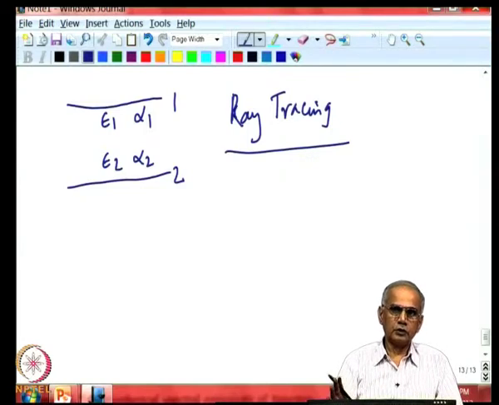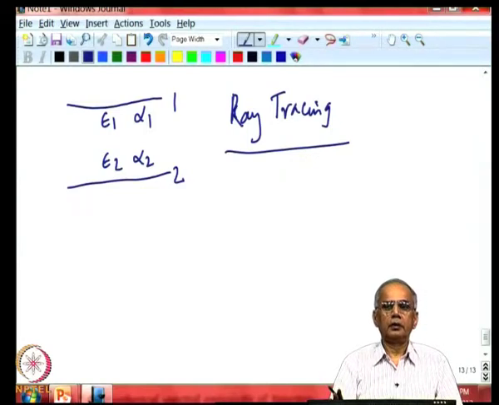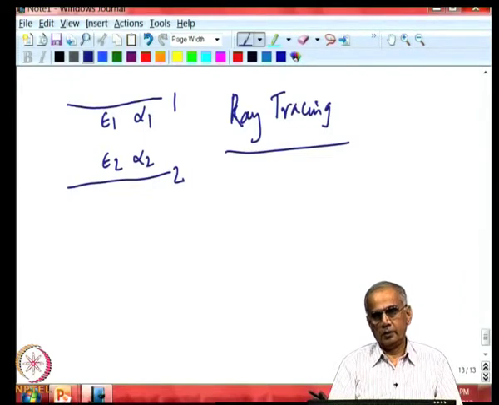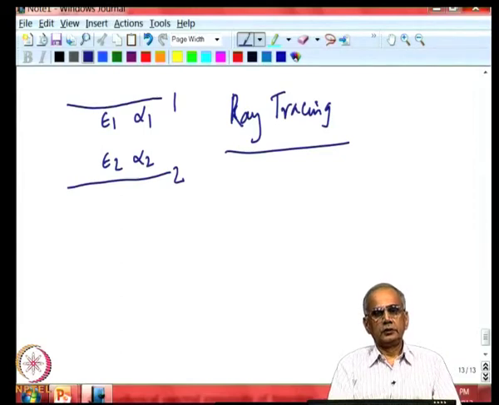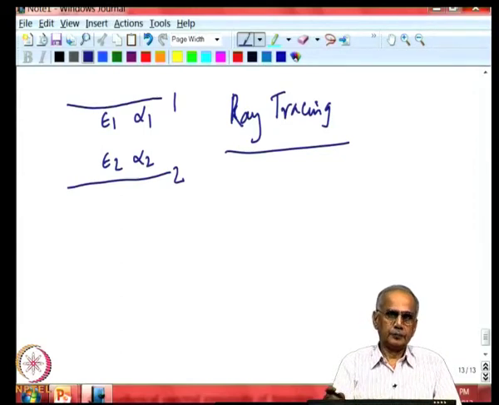So, good geometric ray tracing software along with what is called the Monte Carlo technique can solve any complex problem by merely following a large number of photons, maybe 10,000, maybe 100,000 or a million photons, and doing a statistical average.